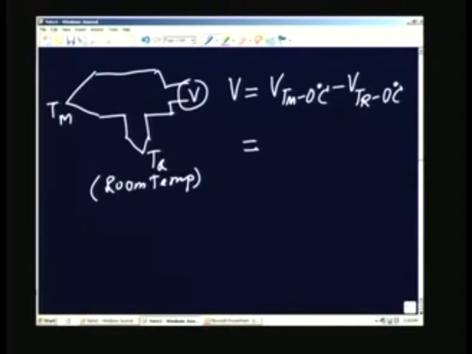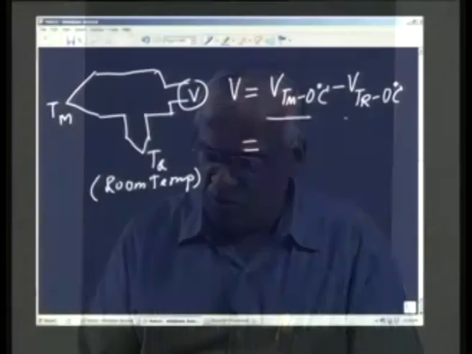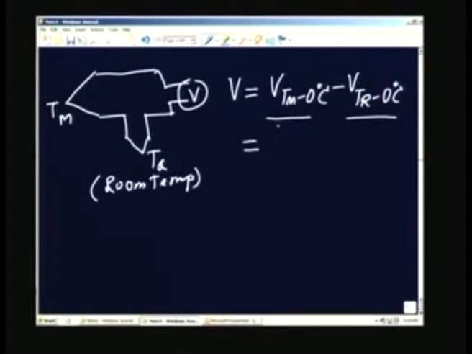In fact, again we go back to the same table which gives the thermoelectric Seebeck voltage versus temperature, and the table is with respect to 0 degrees Celsius. Therefore, I will be able to directly read these two quantities from the table, and this already has been done. This is equal to 4.095 as in the previous case, minus the corresponding value for the room temperature, which is equal to 1.203 millivolts.